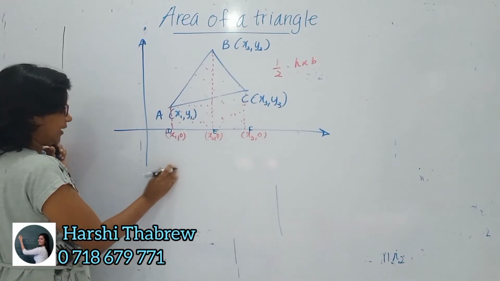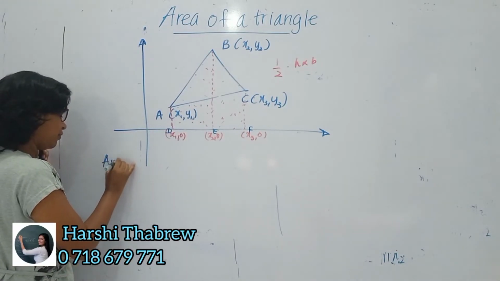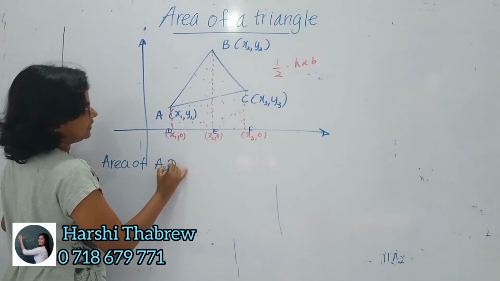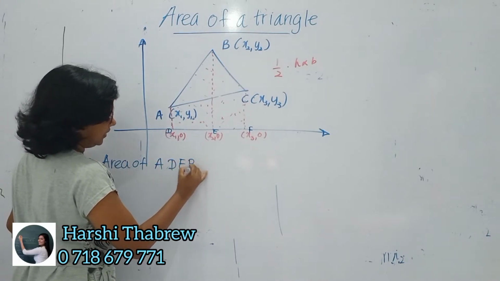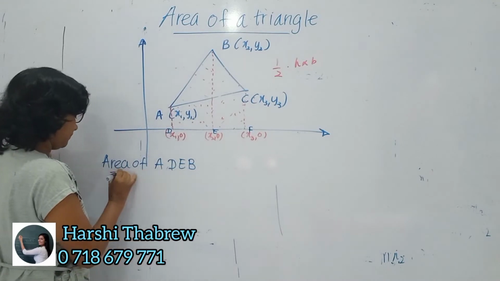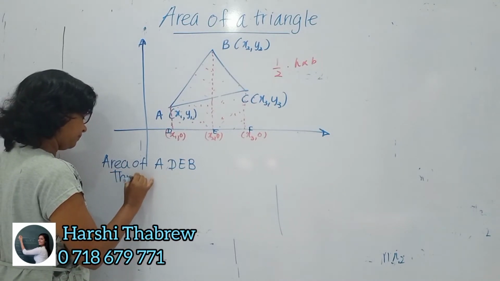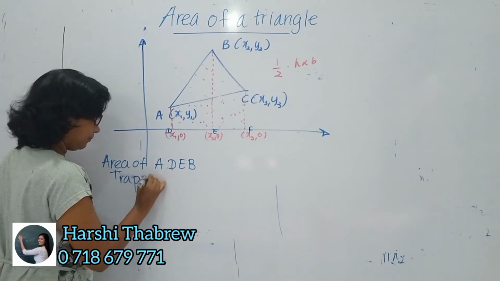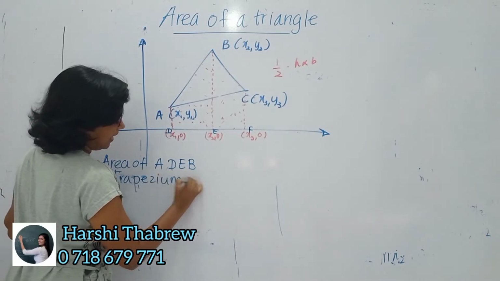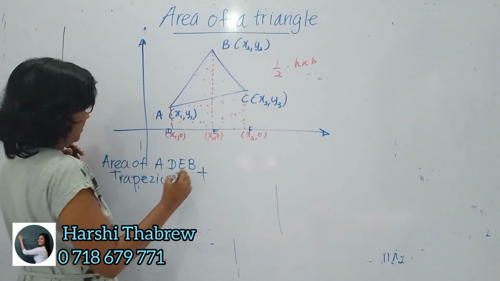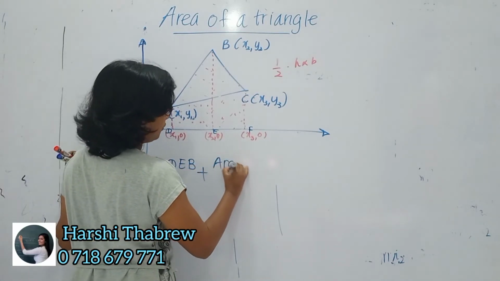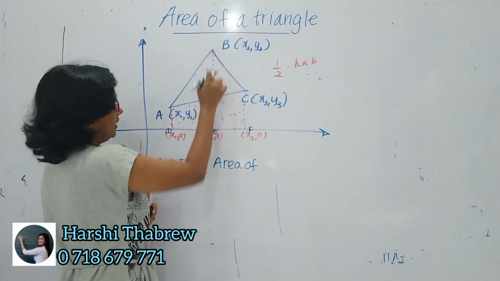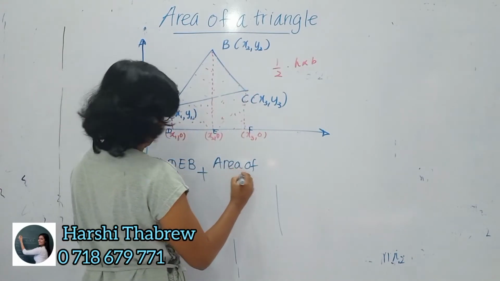First thing is to find the area of the A, D, E, B trapezium. And I add the area of the B, E, F, C trapezium.